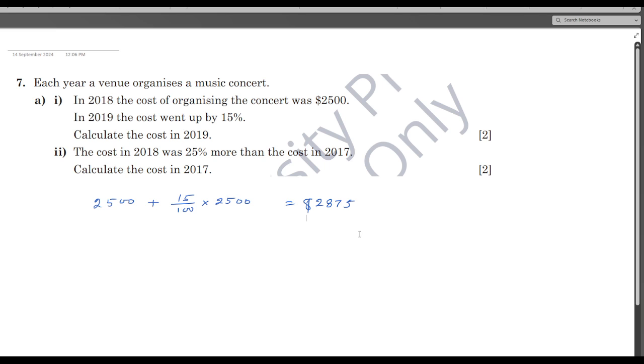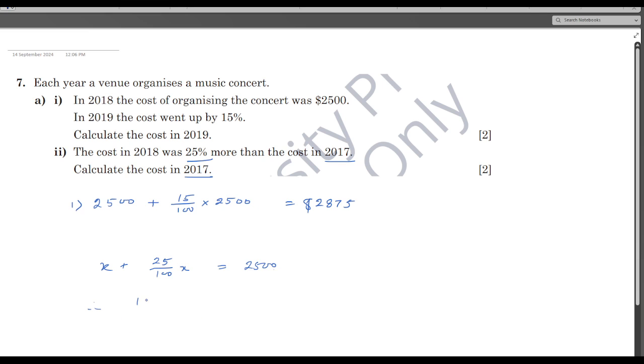the cost in 2018 was 25% more than the cost in 2017. Calculate the cost in 2017. So let us consider the cost in 2017 is X, then X plus 25% of X, so that is 25 upon 100 X, is equal to the cost in 2018, which is 2500. We have to find the cost in 2017.